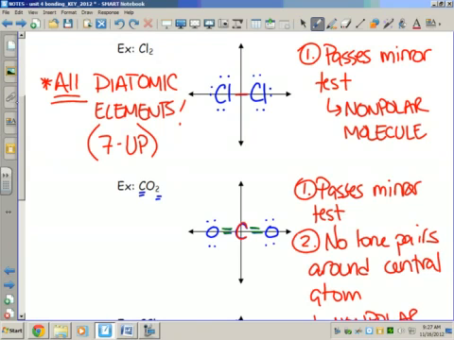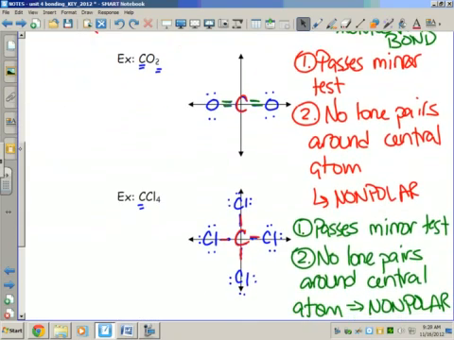That means that's not only a nonpolar molecule, it's also a nonpolar bond. So it is possible to have a nonpolar molecule with a nonpolar bond. It actually doesn't sound weird at all. It sounds very logical. Nonpolar bond, nonpolar molecule.